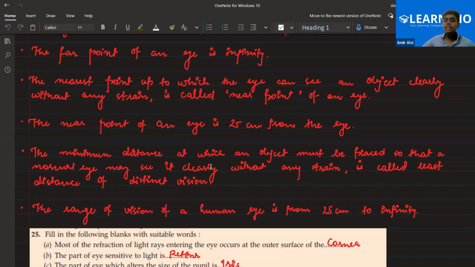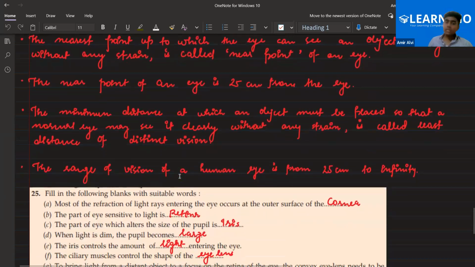That's why it is called the least distance of distinct vision; the word distinct is used. Am I clear to all of you? Please do let me know, everyone. Yes. That's great. This distance is 25 centimeter for the human eye. For the human eye, 25 centimeter is the point at which we can see two objects distinctly.